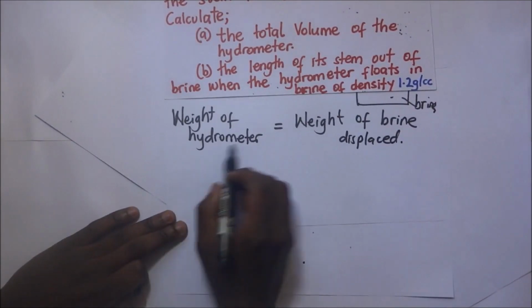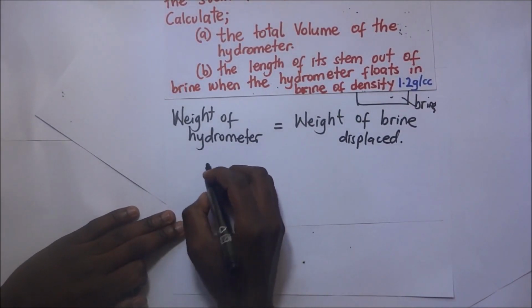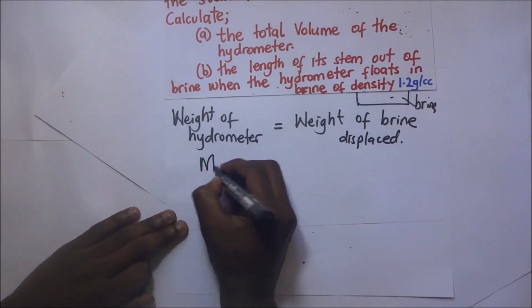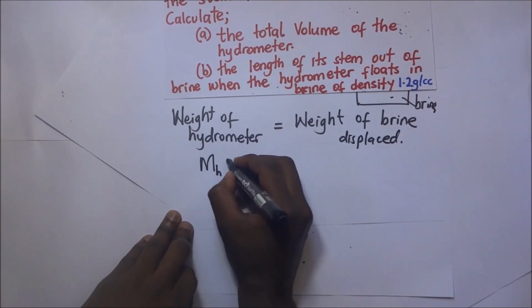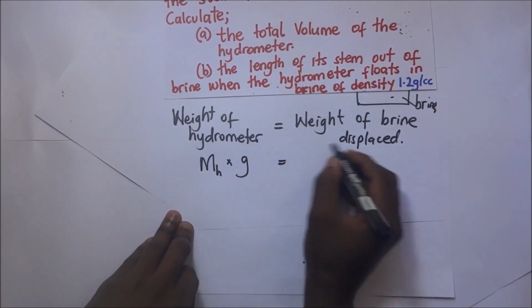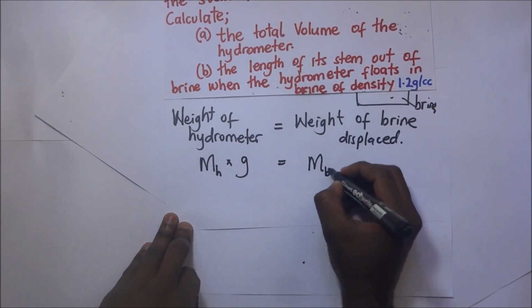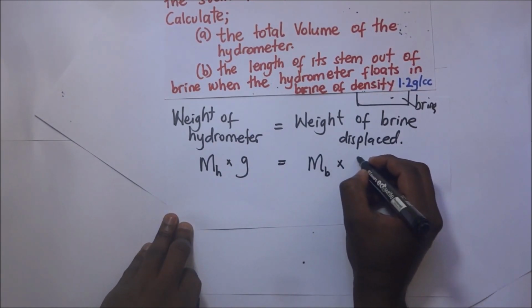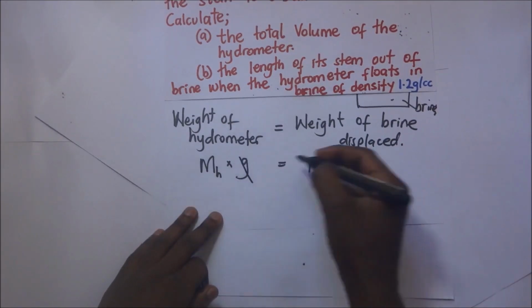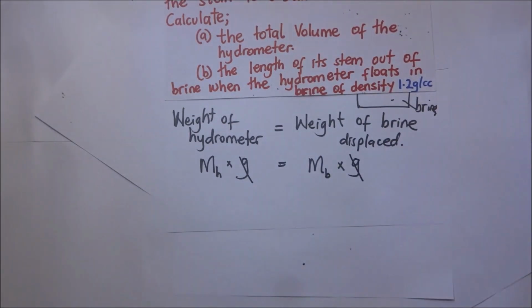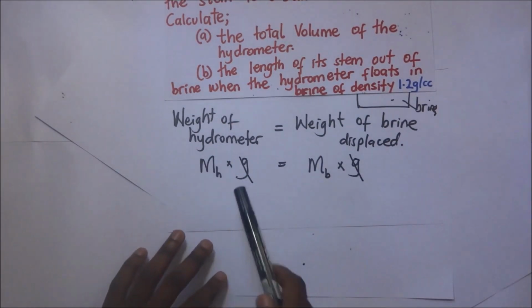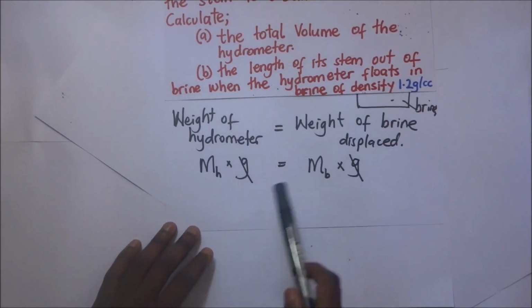What is the weight of the hydrometer? The weight of the hydrometer is given by the mass of the hydrometer multiplied by gravity, which equals the weight of the brine displaced, which is the mass of the brine multiplied by gravity. The g's cancel out, so we have the mass of H is equal to the mass of B.